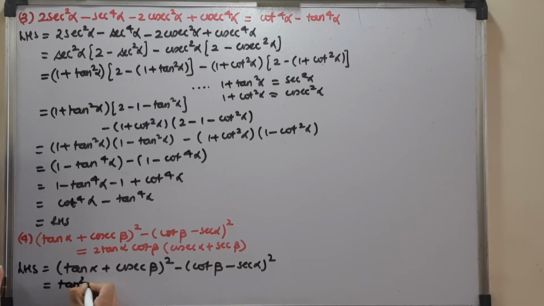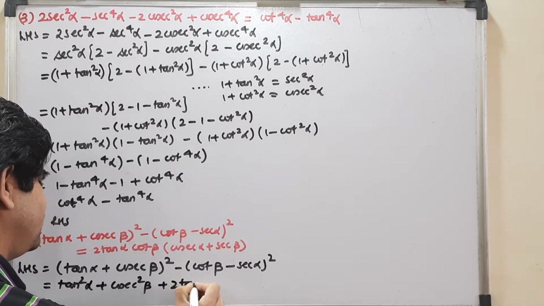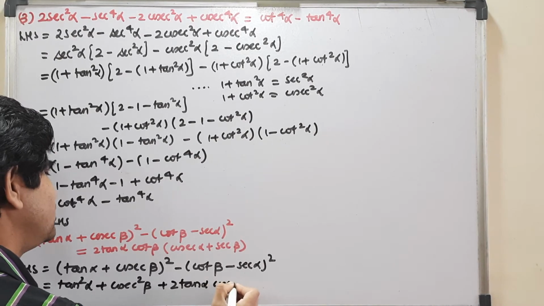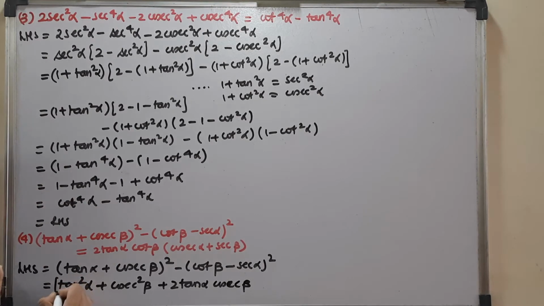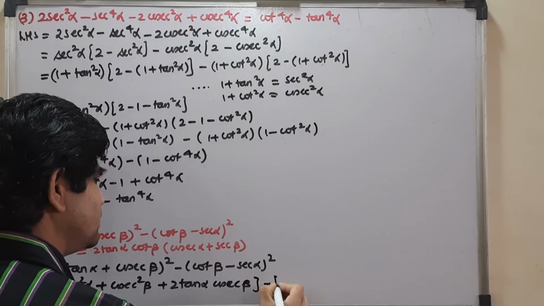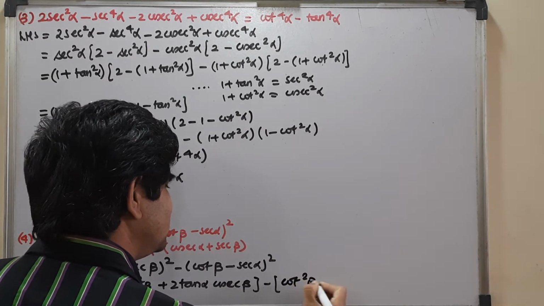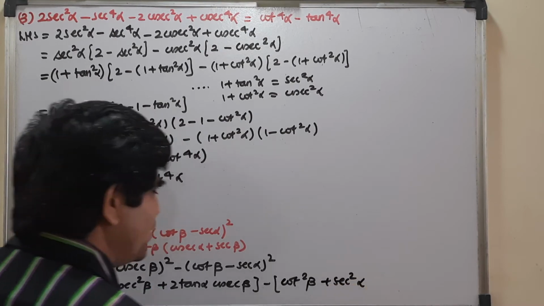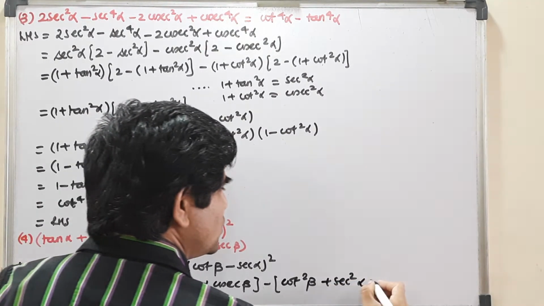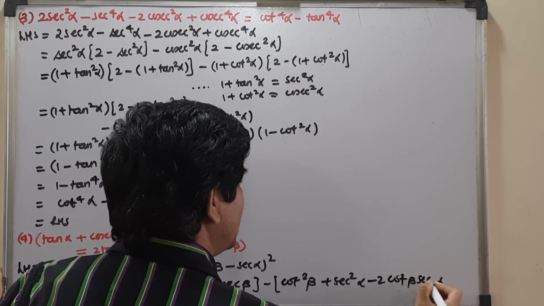That is tan square alpha plus cosec square beta plus 2 times tan alpha cosec beta, right, minus cot square beta plus sec square alpha, okay, minus 2 cot beta sec alpha.